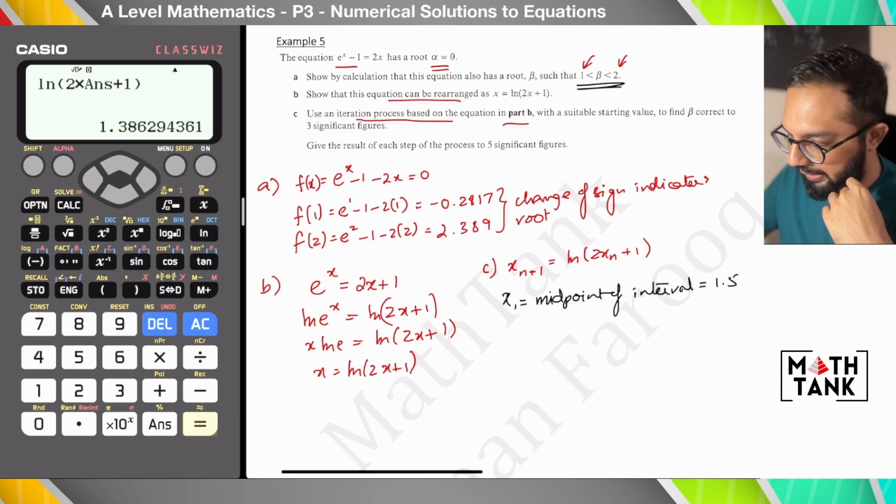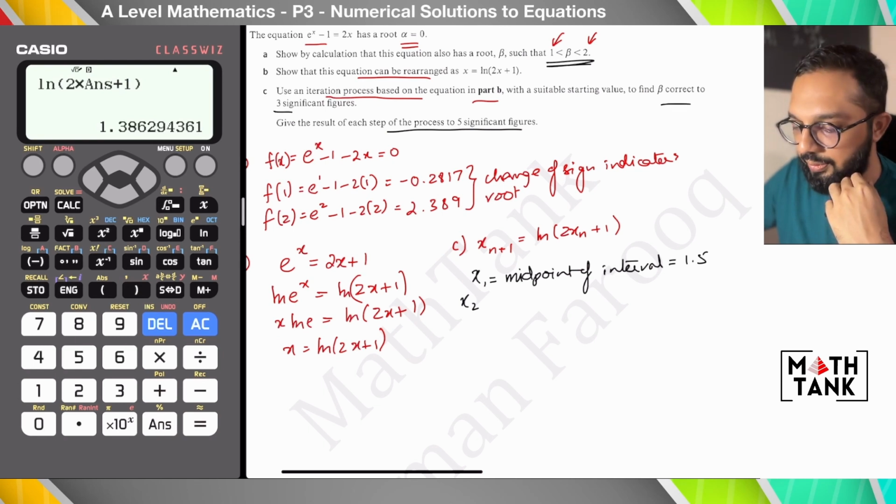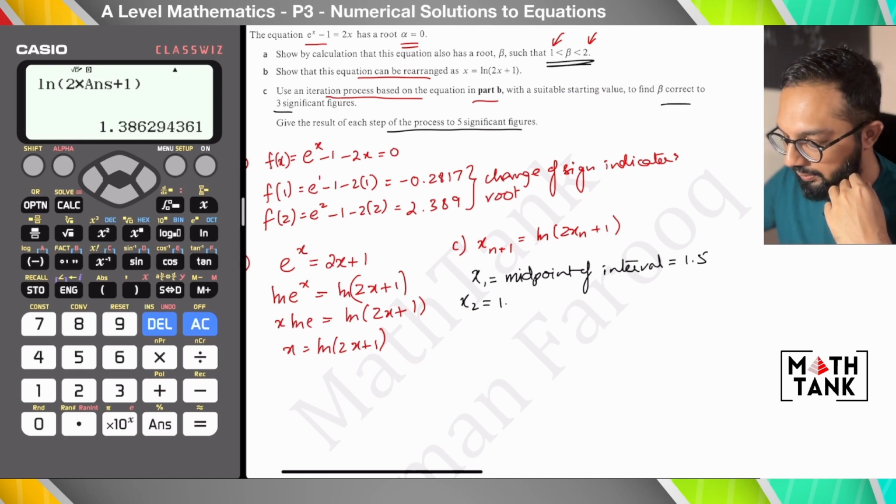So what this gives me is x2. What do I have to write? I have to write each iteration correct to 5 significant figures and beta correct to 3 significant figures. So 1.3863. That's 5 significant figures, and to 3 significant figures is 1.39.